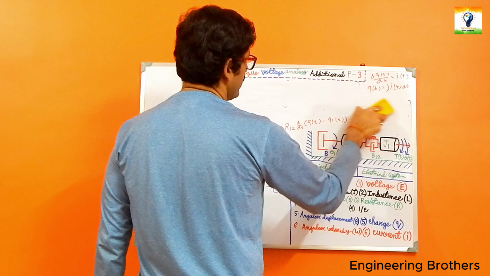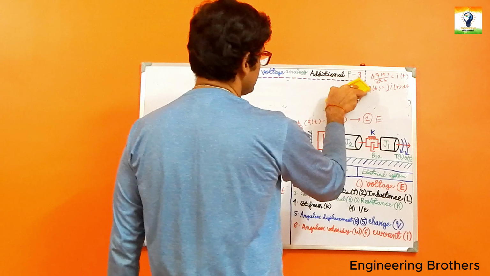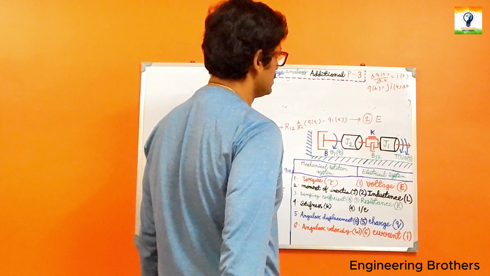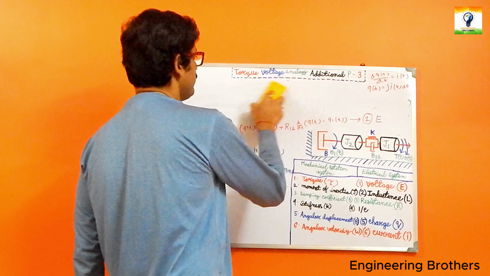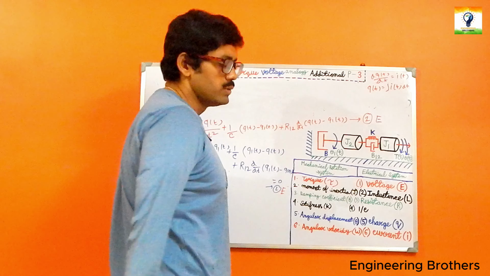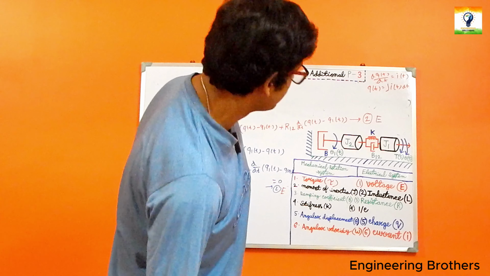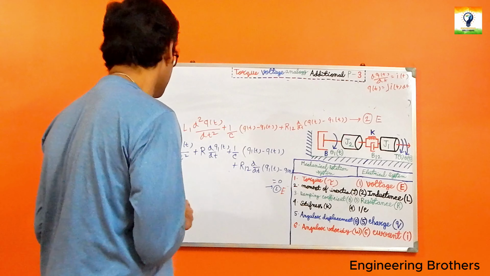If you replace these two relations, dq(t) by dt equal to i(t) and q(t) equal to the integration of i(t) dt, in our two electrical equations, what will the equation be? Let us write it down.